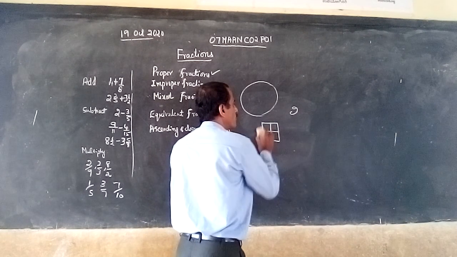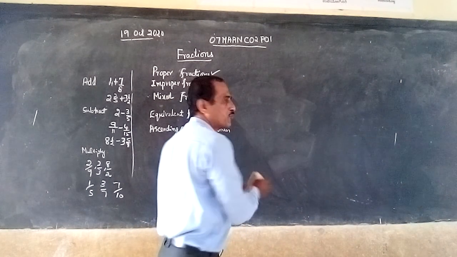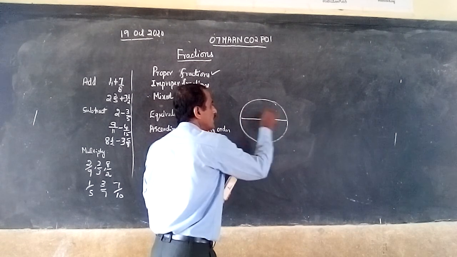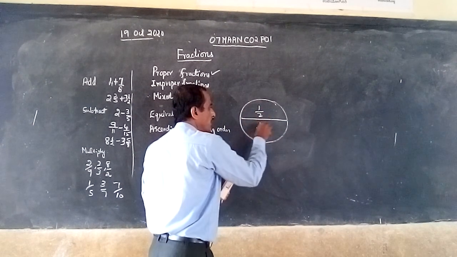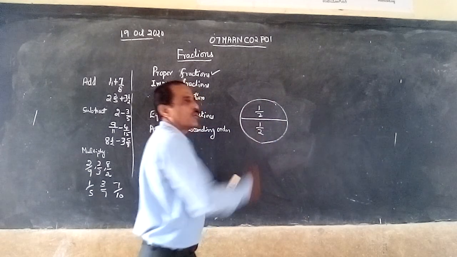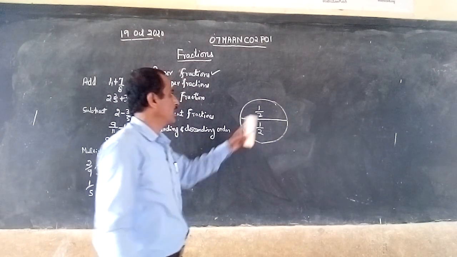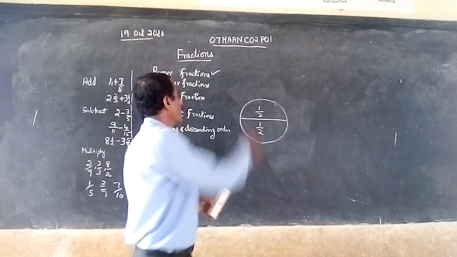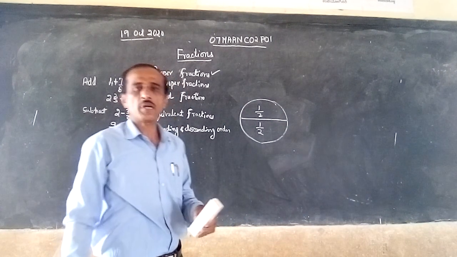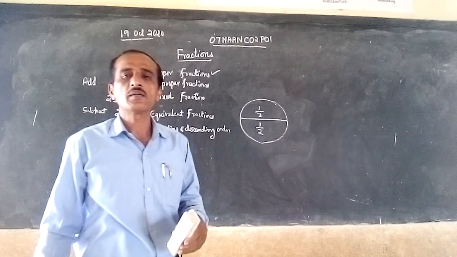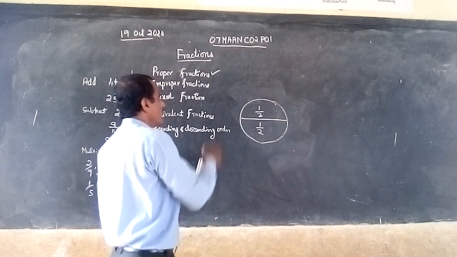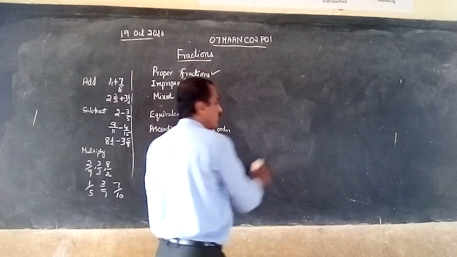See, one full, that means one full circle. Out of that, if you draw like this, this is 1 by 2, this is 1 by 2. Total becomes one full, isn't it? Therefore, proper fraction means it is a part of whole. That is what we have studied. A proper fraction is a fraction which represents a part of a whole. Or you can define like this also.